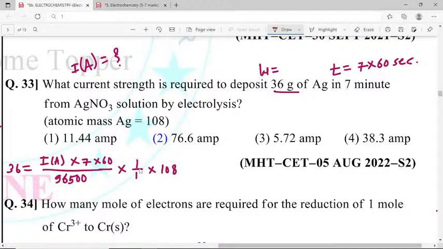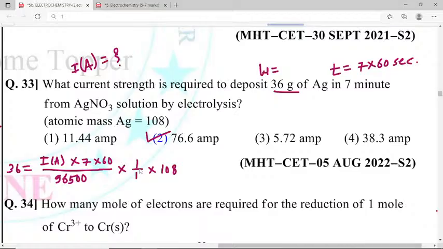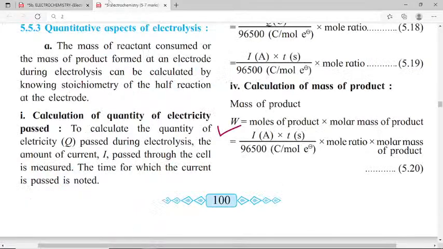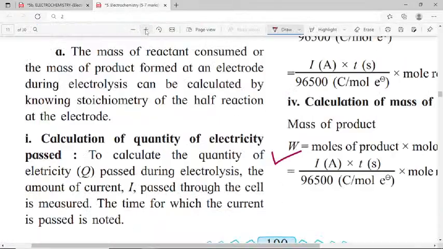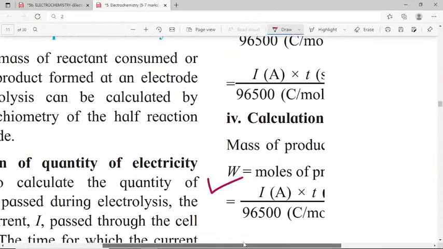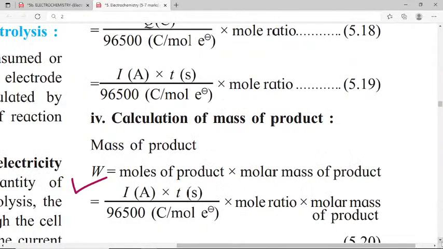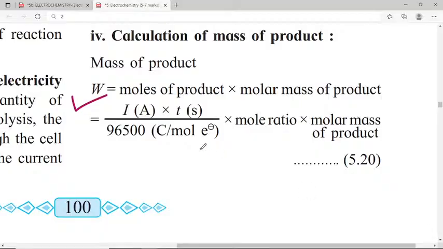If you solve this, we'll get the answer 76.6 ampere. Just cross multiply. This is your formula actually. Mass of product is equal to current in ampere, time in second, divided by 96500, multiplied by mole ratio, multiplied by molar mass of product.